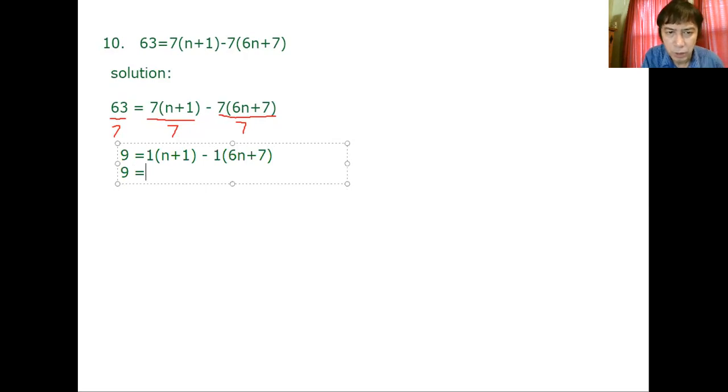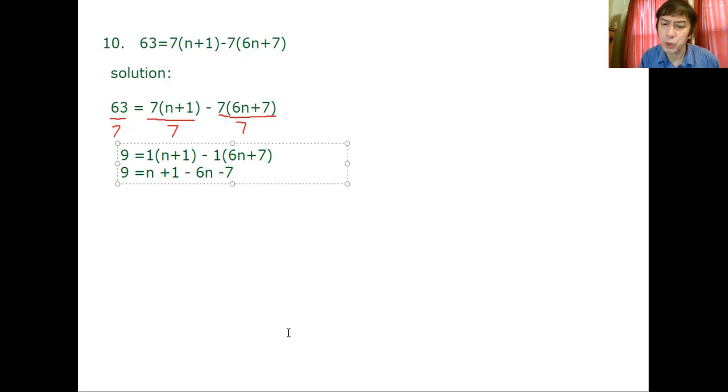Right side becomes 1 times n. And then here is 1 times 1. Both positive gives plus 1. And here we have 1 times 6n. This proceeds like -1 times 6, which results to -6n. And this is now -1 times the 7, which results to a -7.